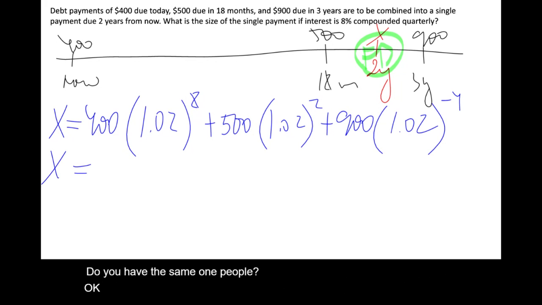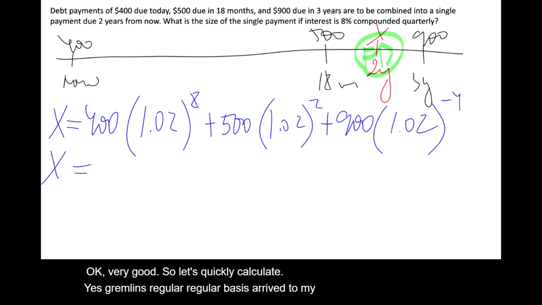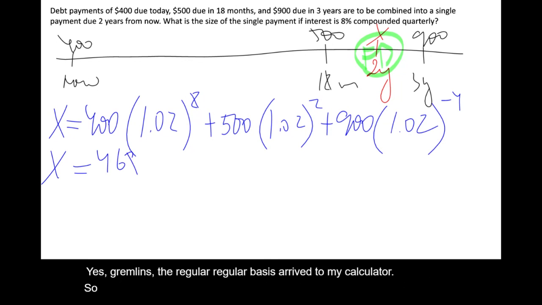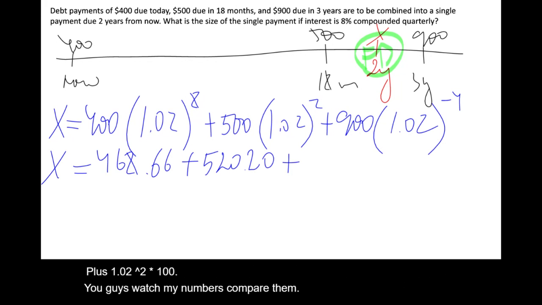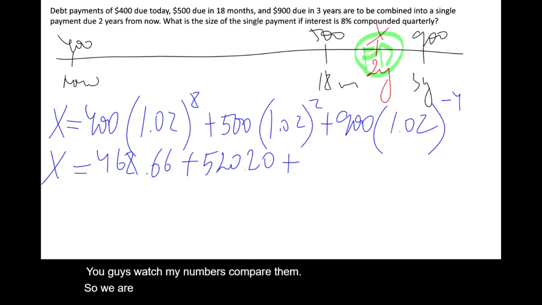Okay, very good. So let's quickly calculate. Oh, yes. Gremlins on a regular basis arrive at my calculator. So I have to watch, same as you. Plus 1.02 squared times 500. You guys watch my numbers, compare them. So we are okay. Times 900.